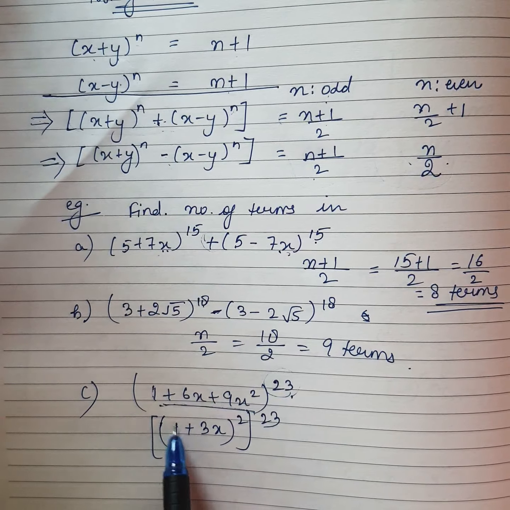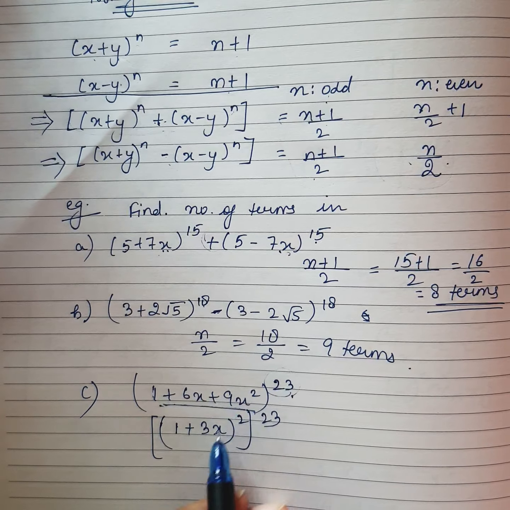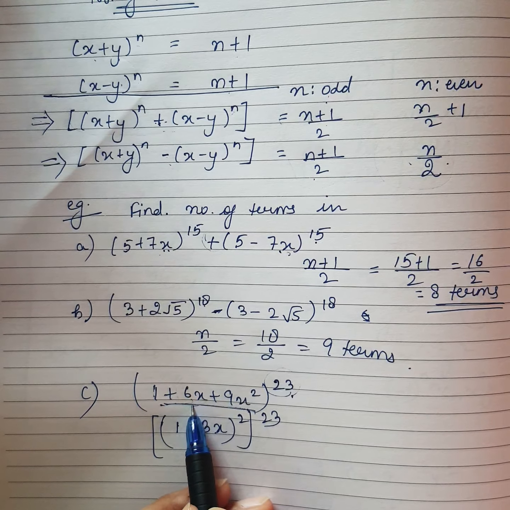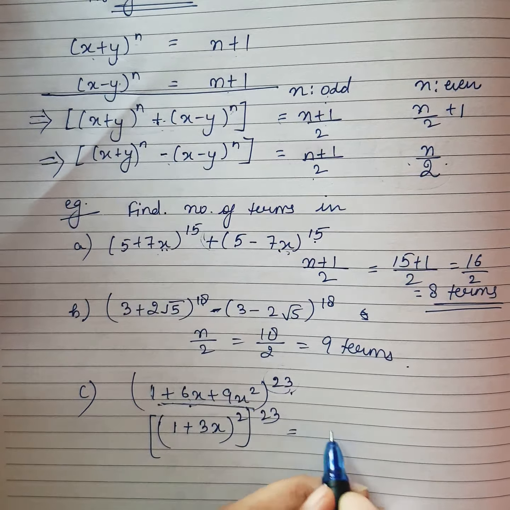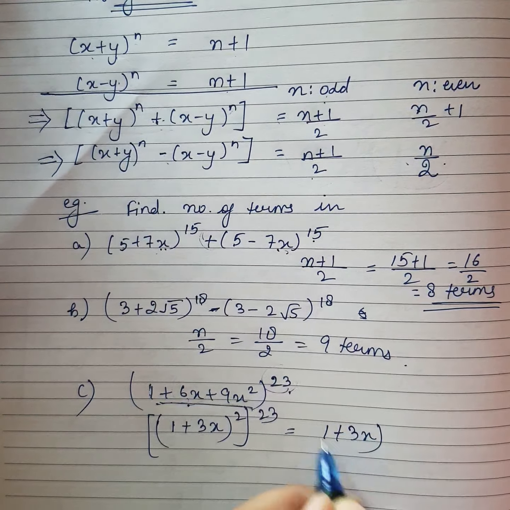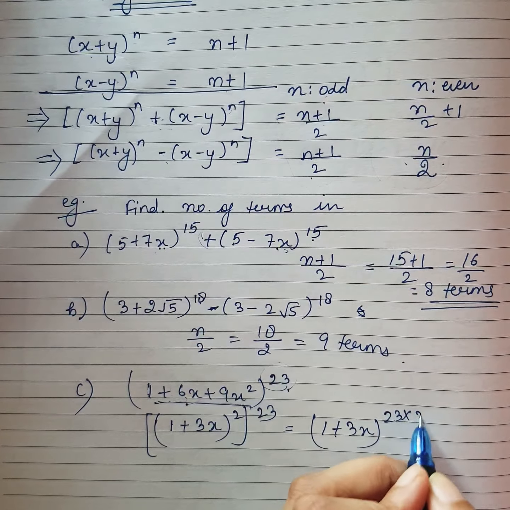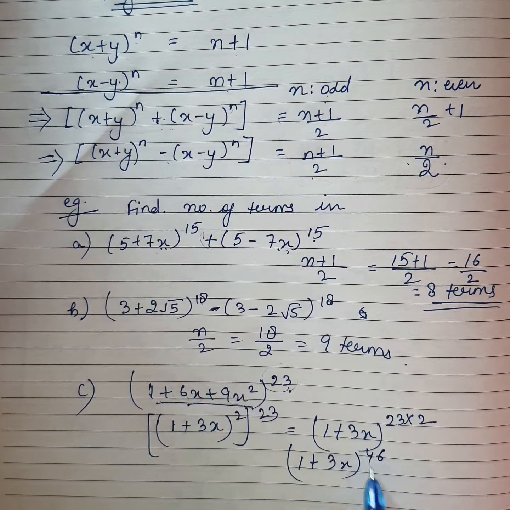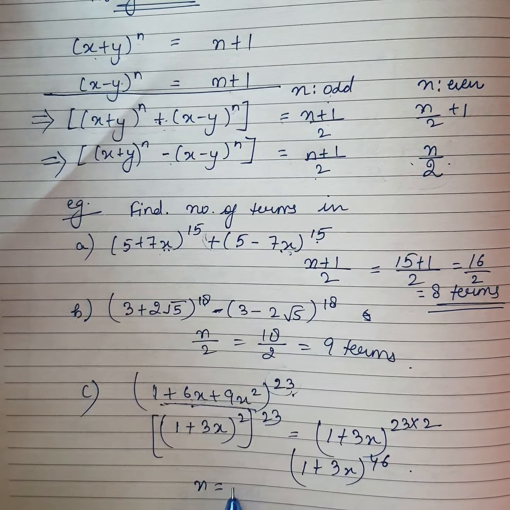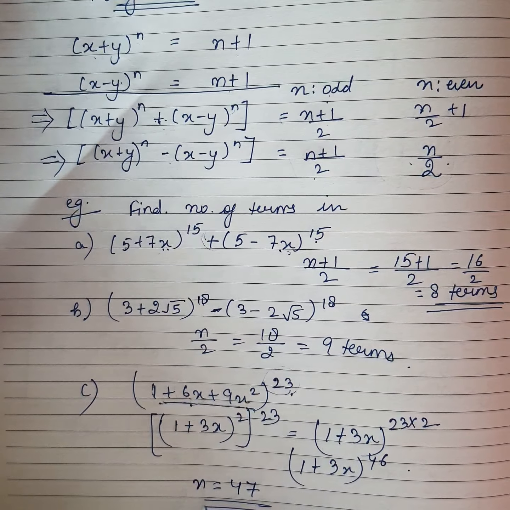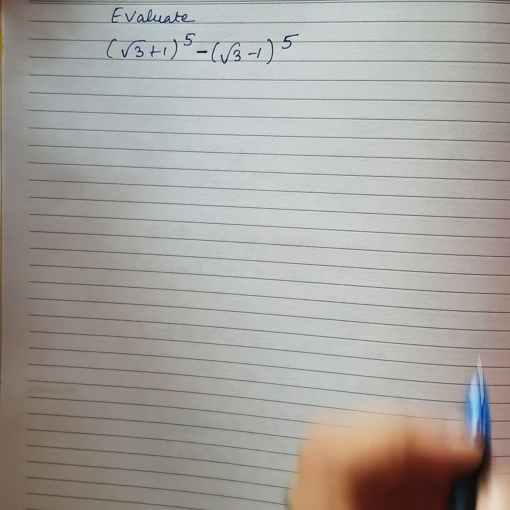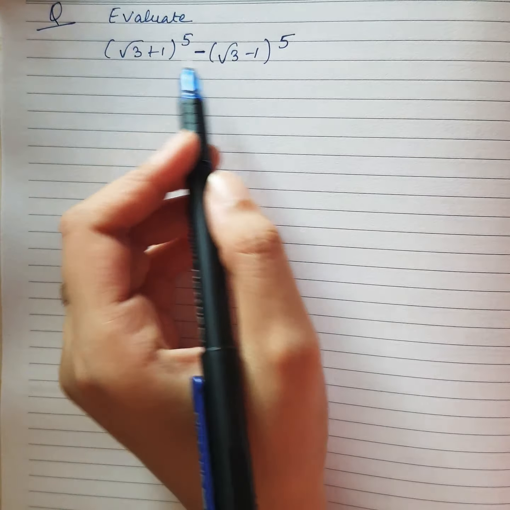You can check it back: a square, b square, and 3x into 2 into 1 will be 2ab, 6x. So now it's a binomial, when I apply 23 into 2, the number of terms are 47. 46 plus 1, 47.